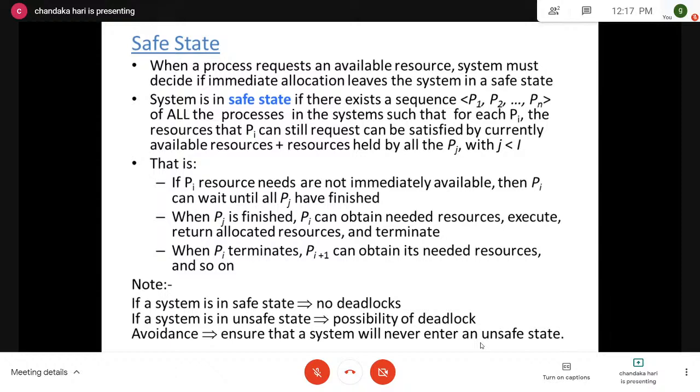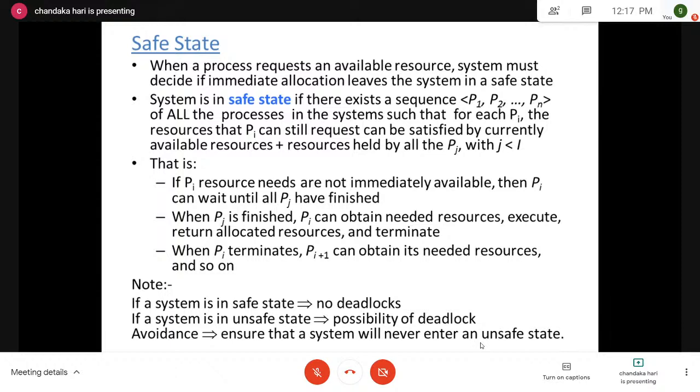Why? Because the system model is implemented using three system calls: request, use, and release. Once the process execution has been successfully completed, you have to return all the resources to your operating system. Now, if process Pi terminates, Pi plus 1 can obtain the resources it needs, and so on.